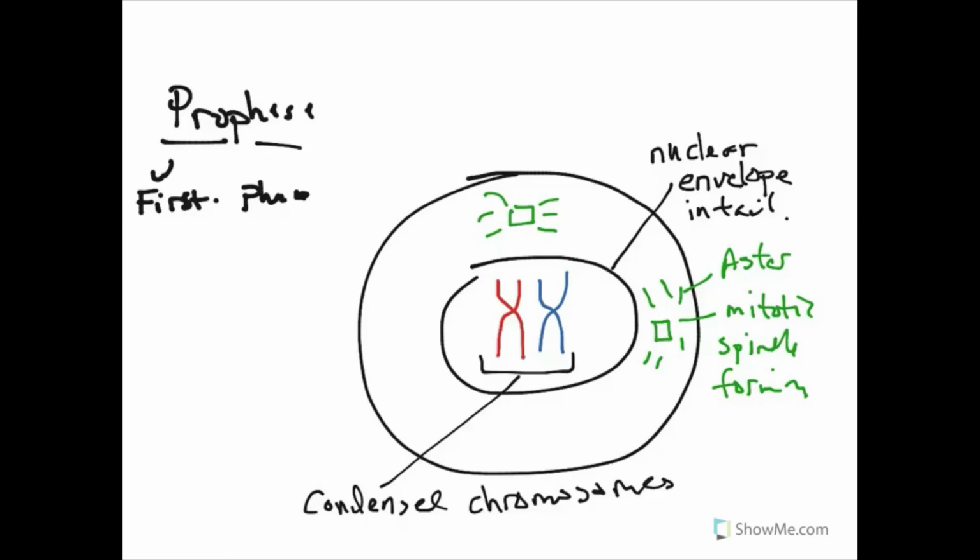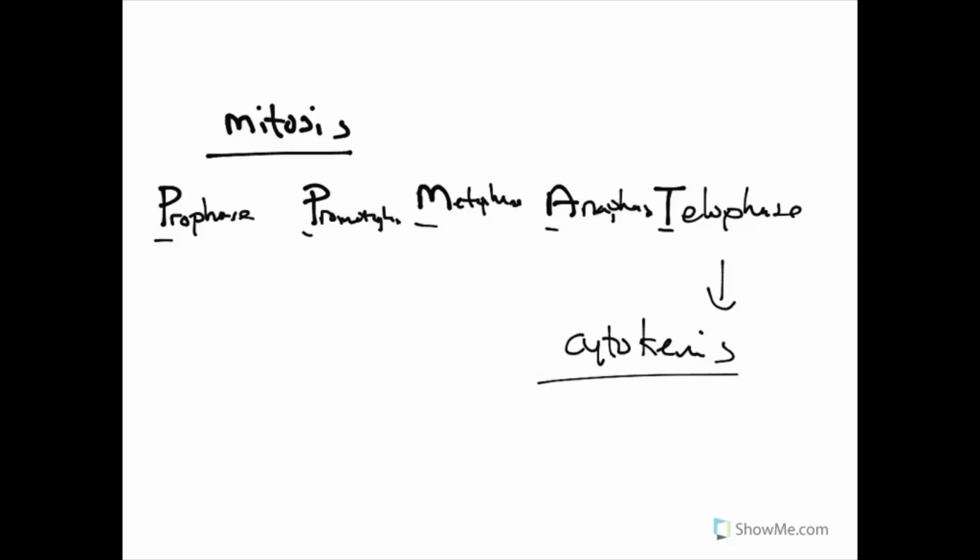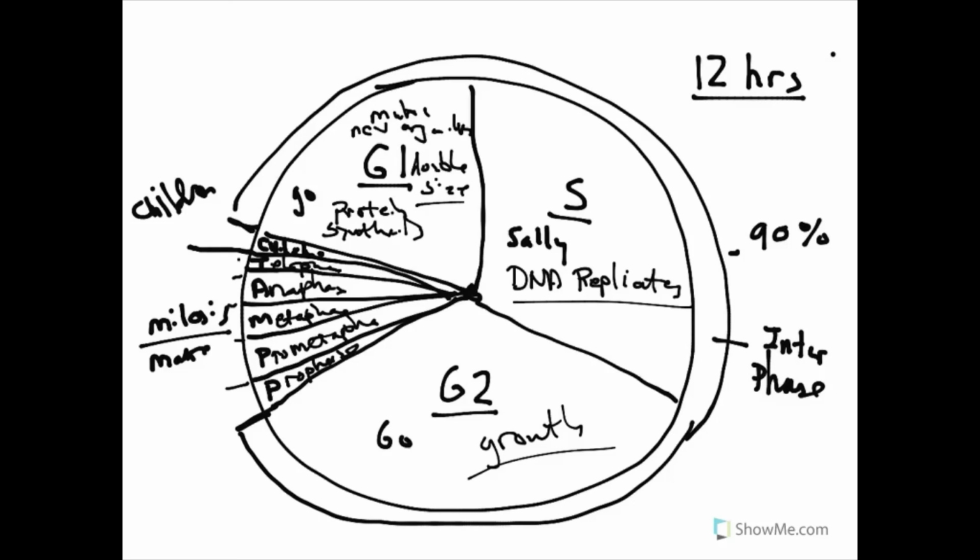So if we can remember that overall, what you have in the mitotic cell cycle is go Sally go, that is interphase, G1, S, G2, make children, mitosis and then cytokinesis, and that mitosis is made of prophase, prometaphase, metaphase, anaphase, telophase.